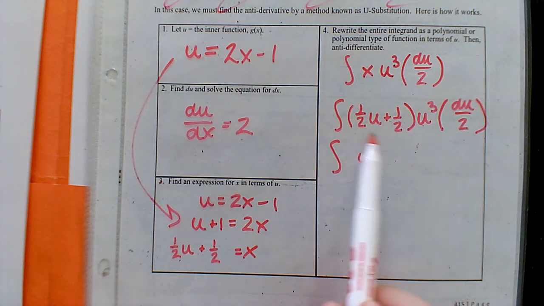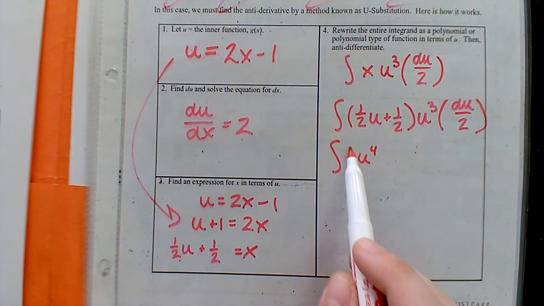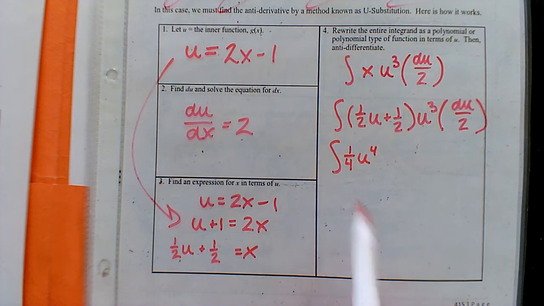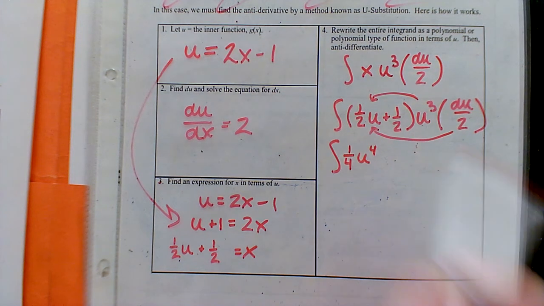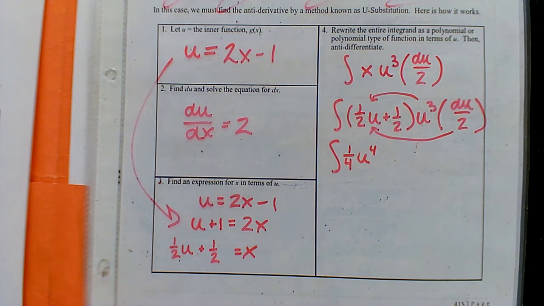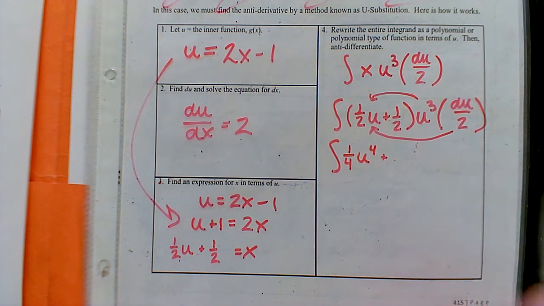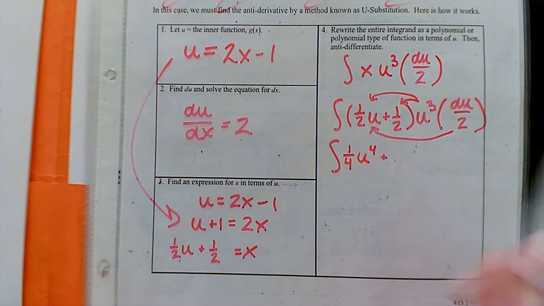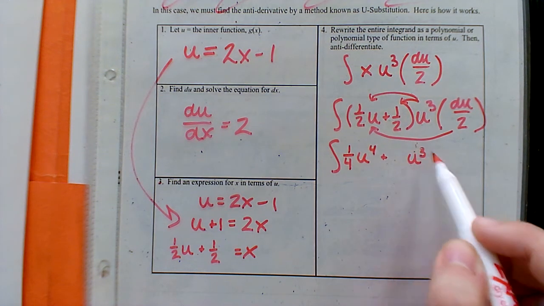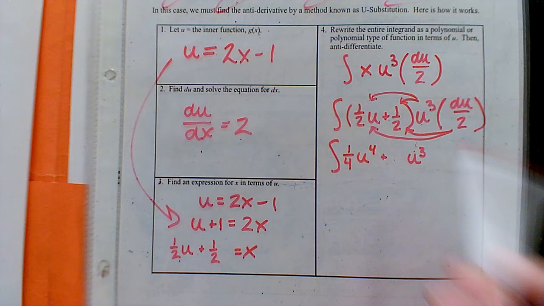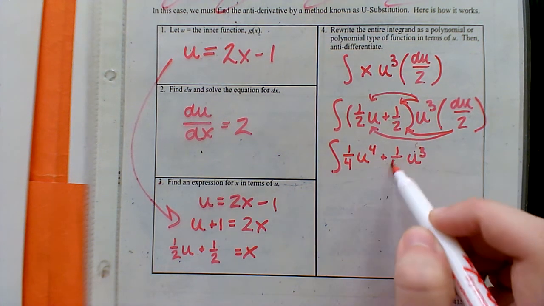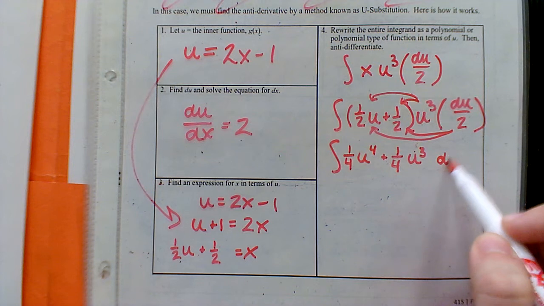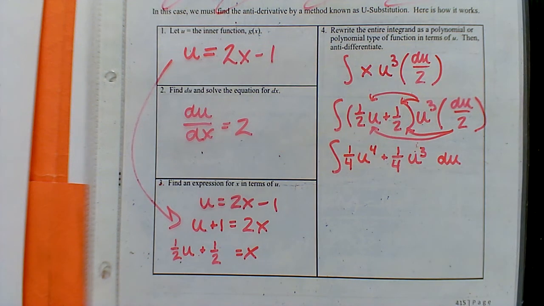And then if we bring in that 2 in the denominator, our new coefficient would be 1/4. All right, let's do the next distribution. If we bring in a u to the third, that's going to stay a u to the third. And then if we distribute in that bottom value of 2, our coefficient will be 1/4. And then we just have the du on the end.